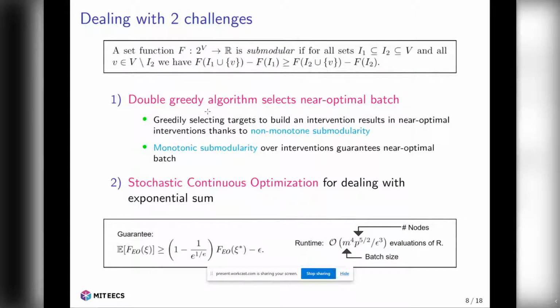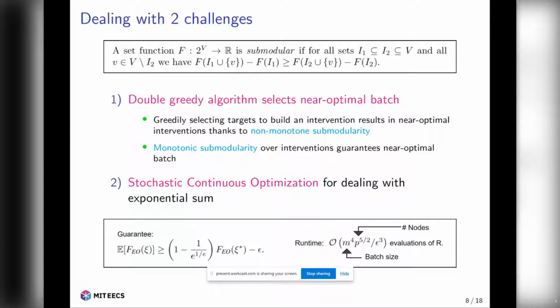So here is the main intuition from a mathematical context of what you can use in order to get around this problem. It's quite an interesting mathematical concept that has been used in many different kinds of applications, and you can also use it for finding optimal interventions. It's known as submodularity, the diminishing returns property, which is very intuitive in the intervention setting.